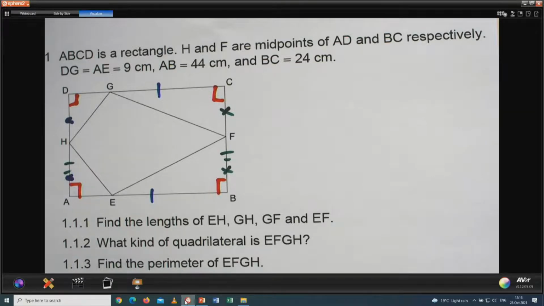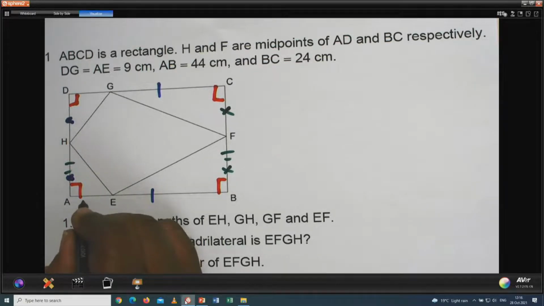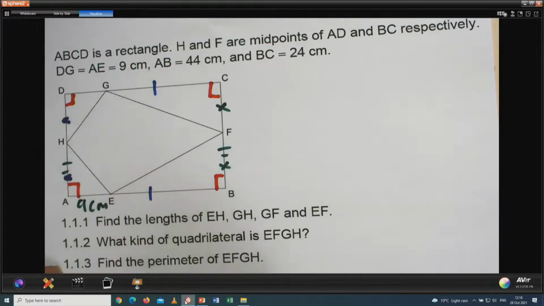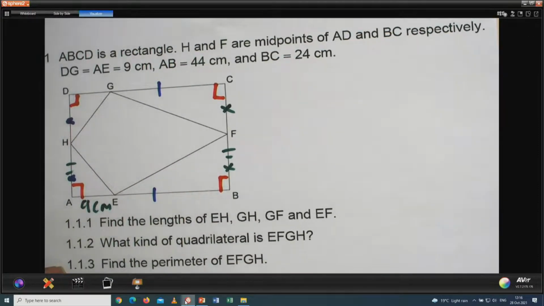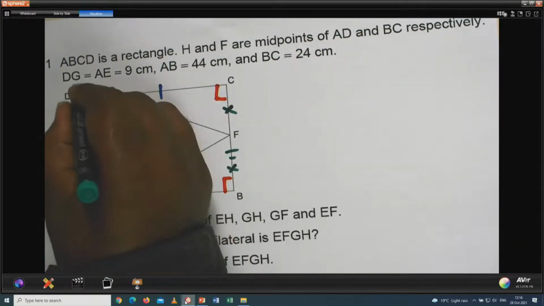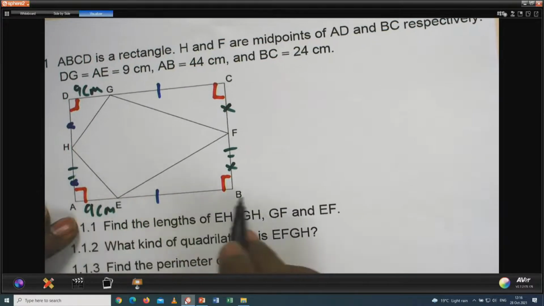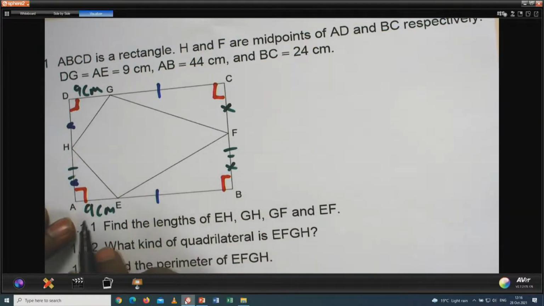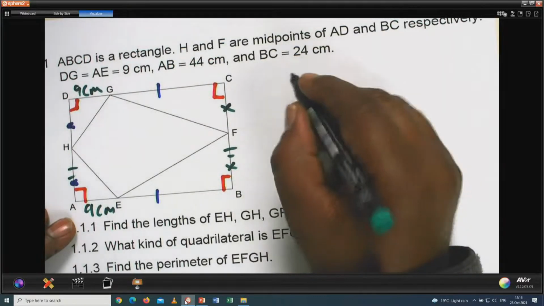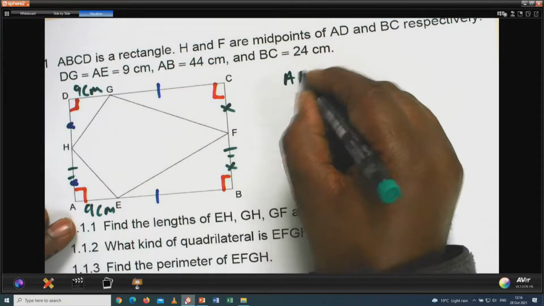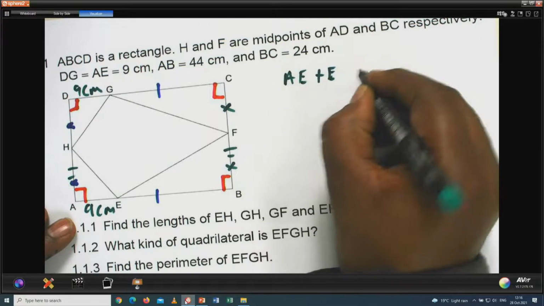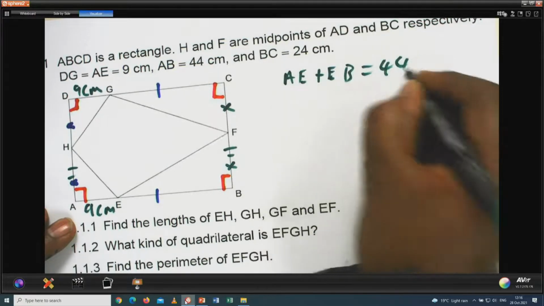Now they're saying AE is 9 centimeters, which is equal to DG, which is 9 centimeters. And the whole of side AB is 44. If AB is 44, then AE plus EB should give you 44.